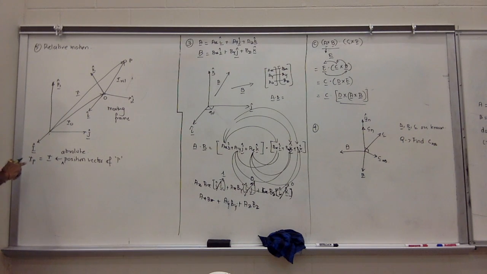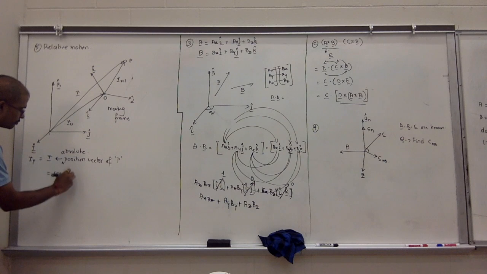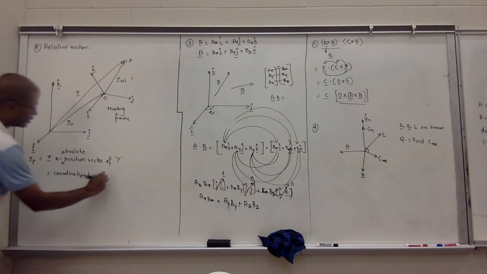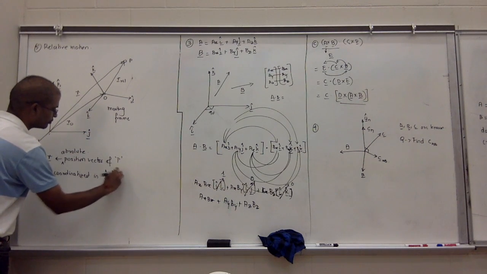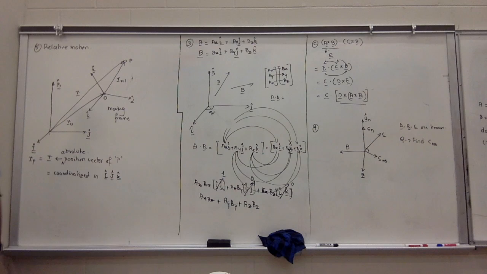Got it? Now you see that this is coordinatized in cap ijk frame. You'll see that in the textbook. If you observe carefully, it uses small ijk and cap ijk.